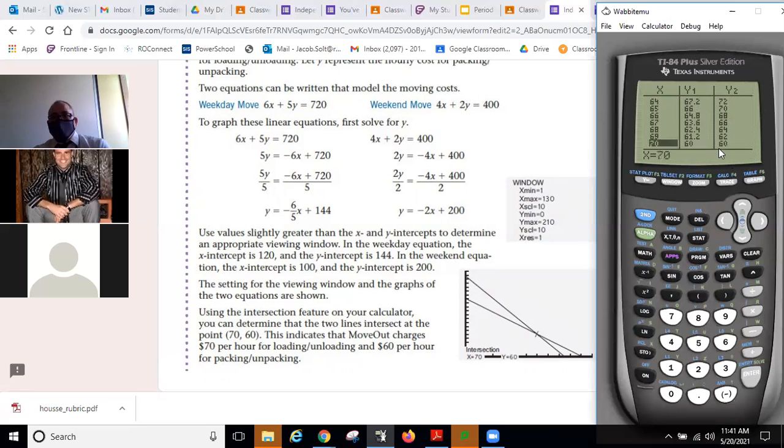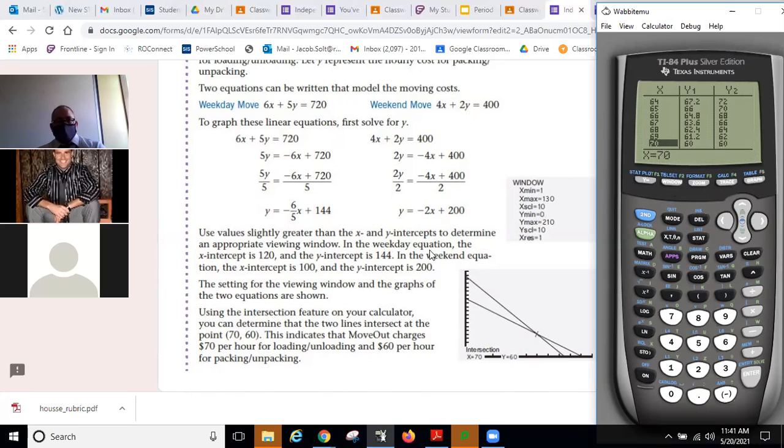And at 70, look at that. Y1 and Y2 are the same value. That means these two lines, the Y1 line and the Y2 line, both intersect when X is 70.